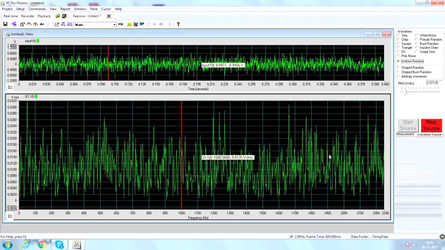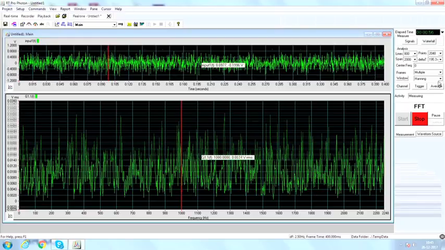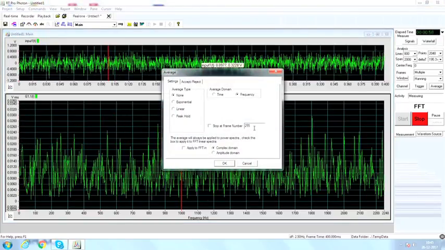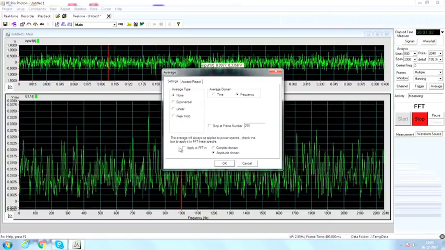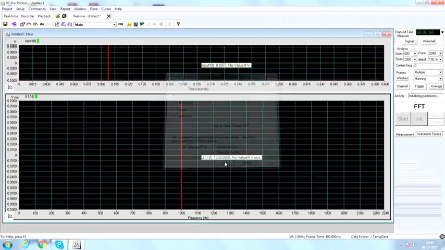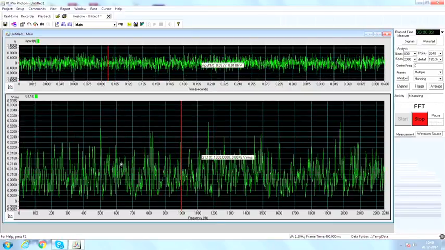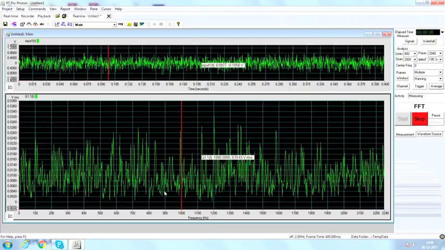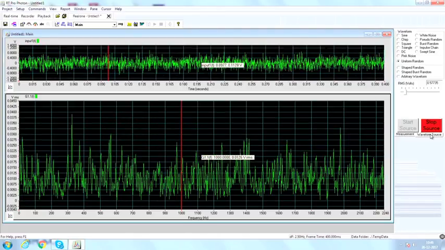You will see here, and if I do an averaging here, I can increase it, it will do an average, and then I will get the frequency domain signal.